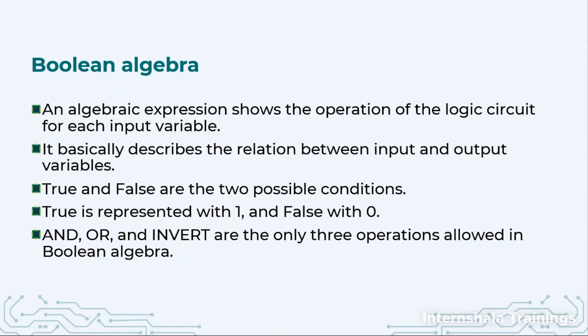If I want to make NOR, that is OR plus NOT. So these three are the basic gates. There is another thing called universal gates, and NAND and NOR are the universal gates. So in Boolean algebra, we are going to get the relations in the form of these Boolean expressions.